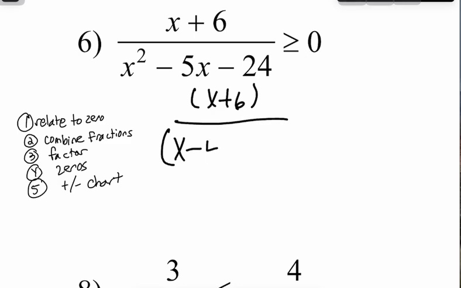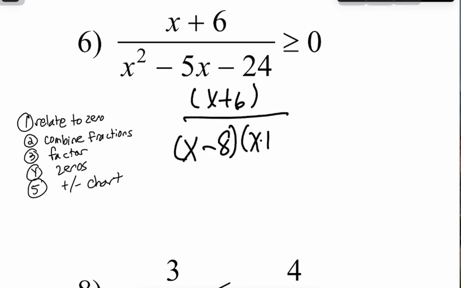I'm sorry. It would be x plus 4 and x minus 6. No, 8 and 3. Sorry, I'm thinking, doing those factors. Okay, so the factors of 24 are 8 and 3 that have a difference of 5. There we go. So x minus 8 and x plus 3. So now it's factored.